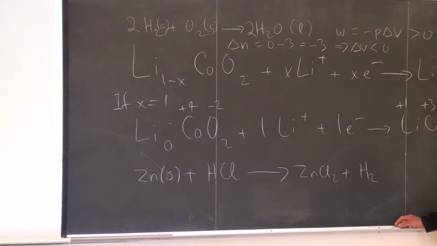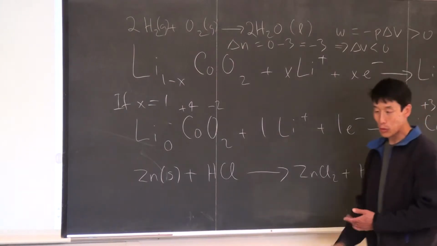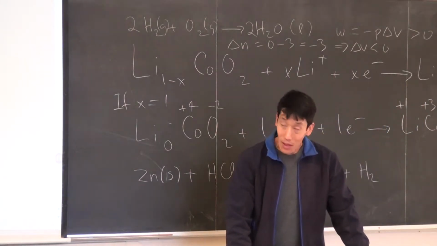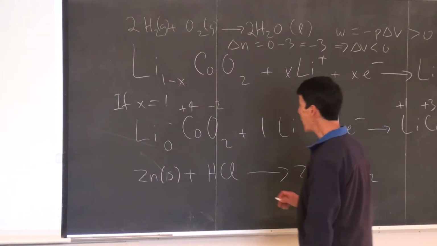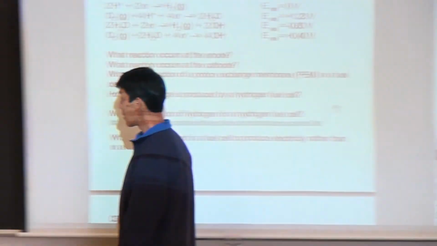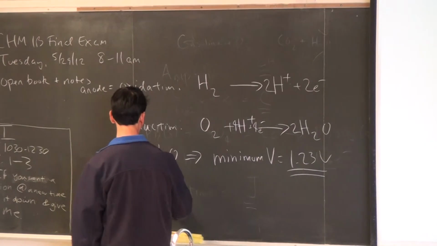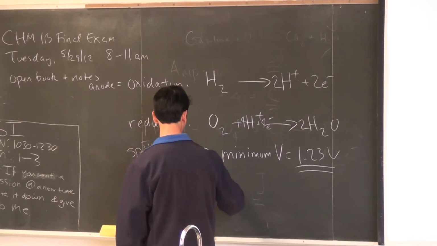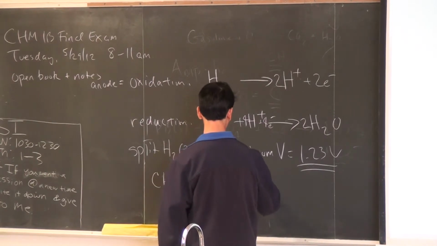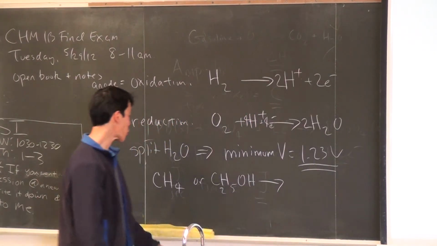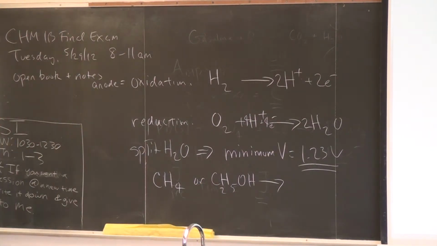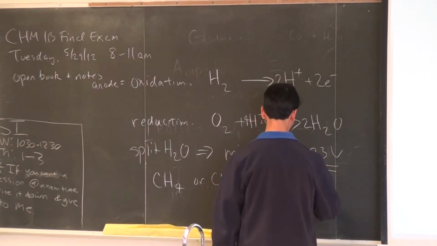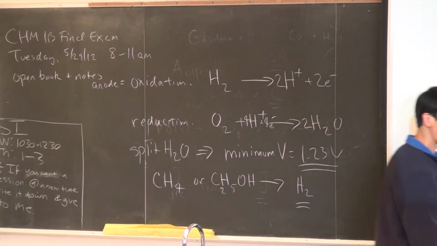All of this isn't the way it's done. One way to get hydrogen is by taking a hydrocarbon fuel such as methane. You can take either methane, CH4, or ethanol, and the H2 is stripped from the methane or from the ethanol to make H2. So hydrogen gas can be produced that way.